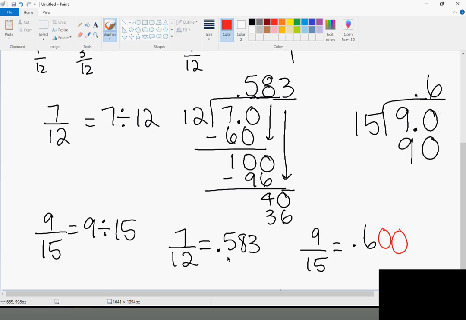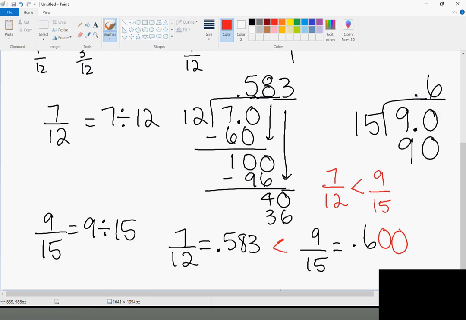So now I'm comparing 583 compared to 600. So 600 is greater than 583. So 583 is less than 600. So that means that 7 over 12 is less than 9 over 15, because 583 is less than 600.